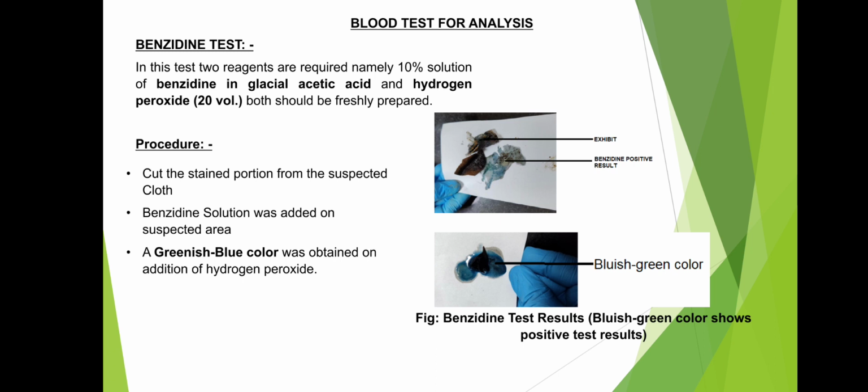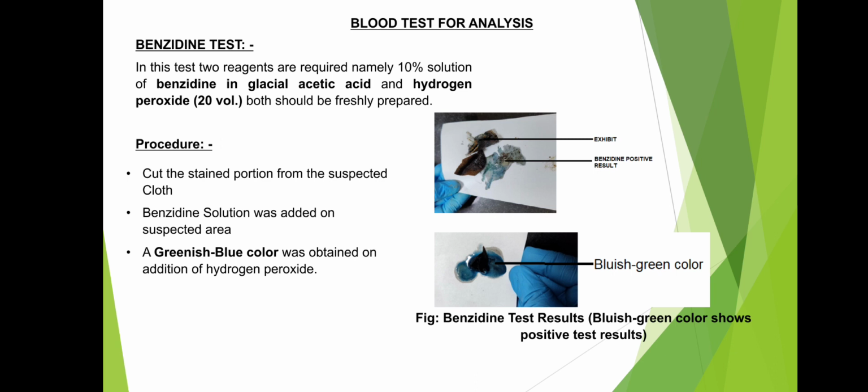Blood test for analysis. Firstly, the preliminary test, that is the Benzidine test, is performed. In this test, two reagents are required, namely 10% solution of benzidine in glacial acetic acid and hydrogen peroxide 20 volume. Both should be freshly prepared. This is necessary.